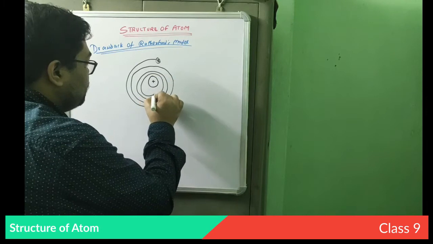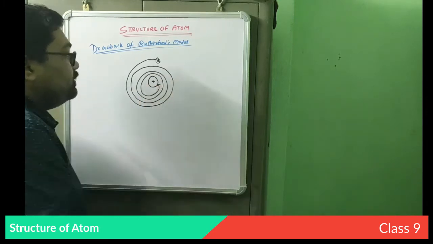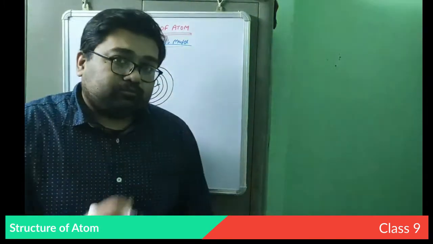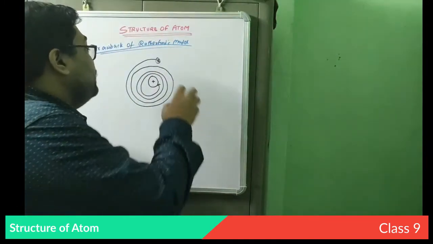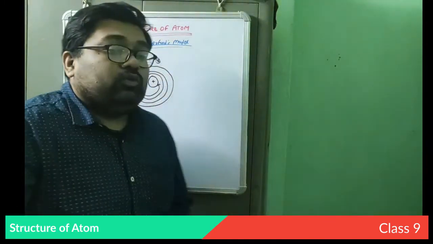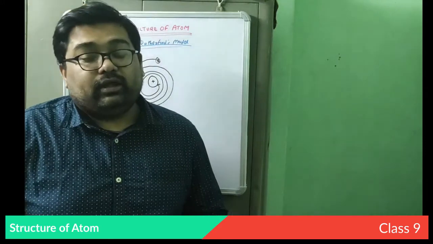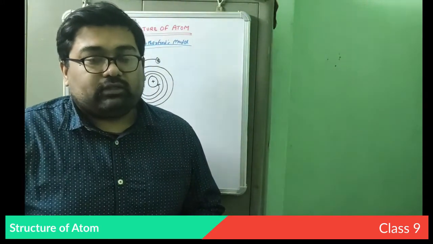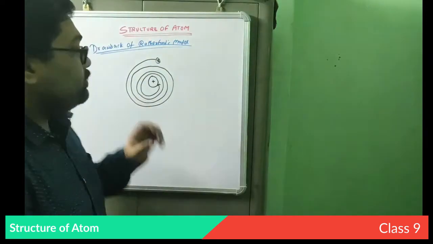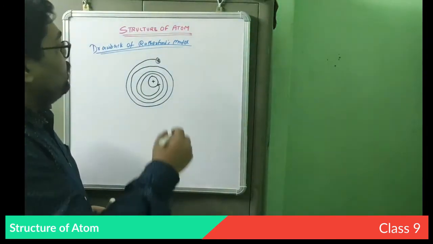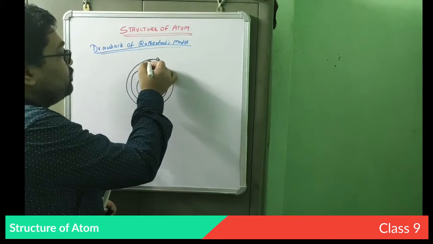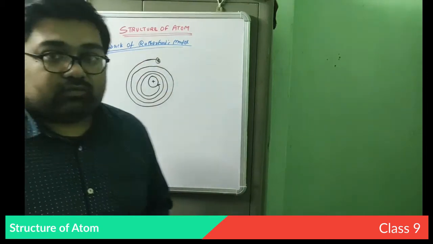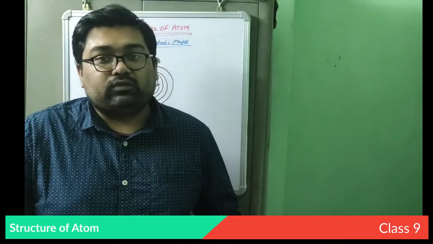It is losing its energy, and finally this electron will fall into the nucleus, and in that way the nucleus might collapse. As a result the atom will be destroyed due to the loss of energy which the electron is facing while it is revolving around the nucleus.